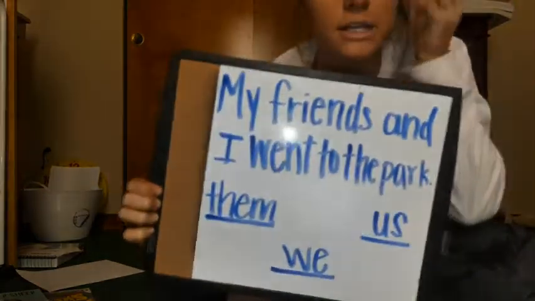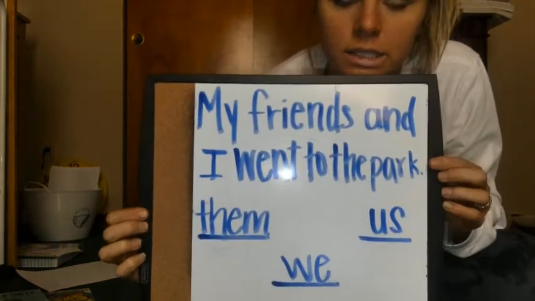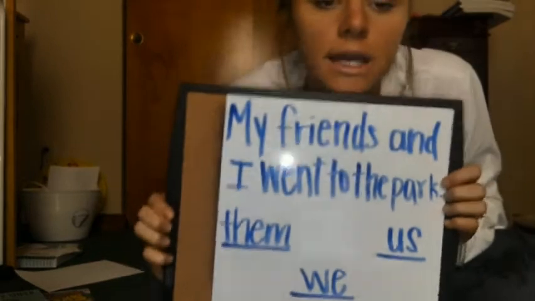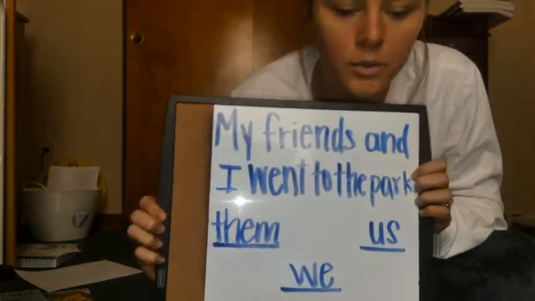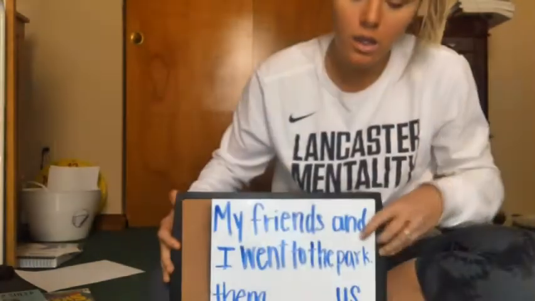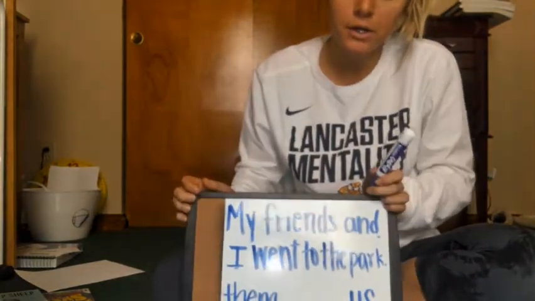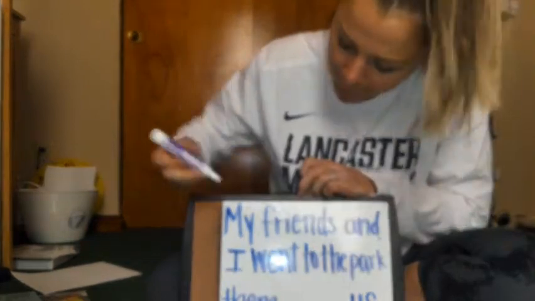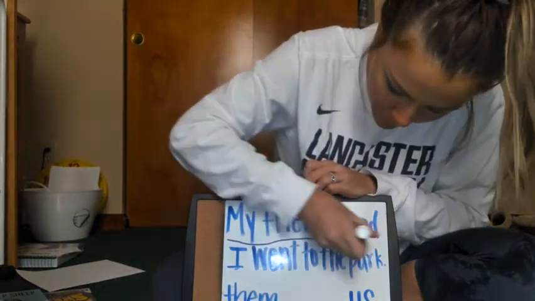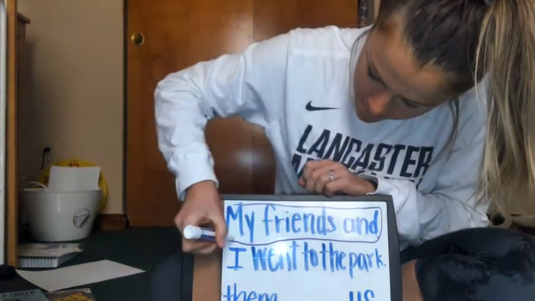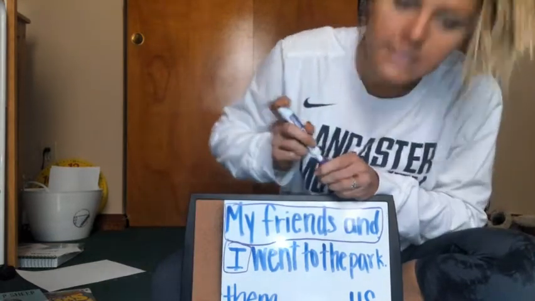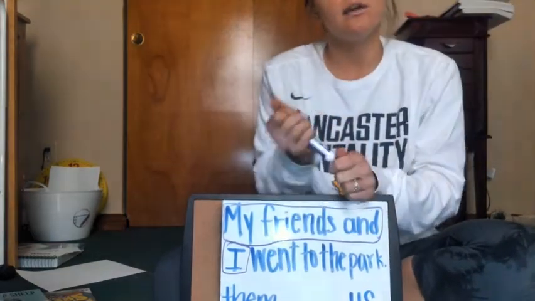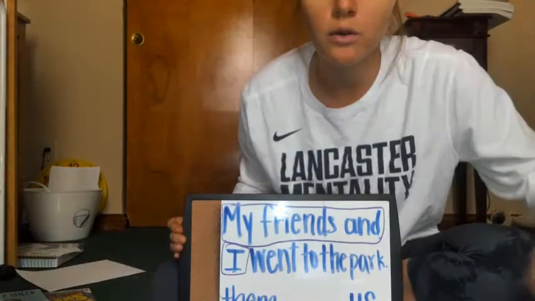Okay, here's another example. It says, my friends and I went to the park. First you need to say, who is this whole sentence about? What is the noun that we're talking about in the sentence? Who are we talking about? My friends and I went to the park. If you said my friends and I, you are correct. Say I wanted to change the sentence and use a pronoun instead.